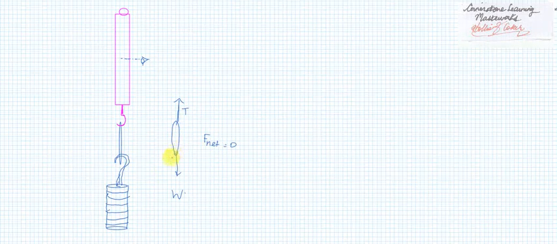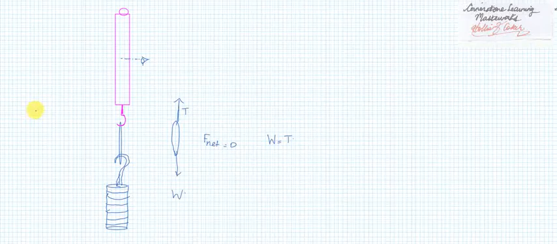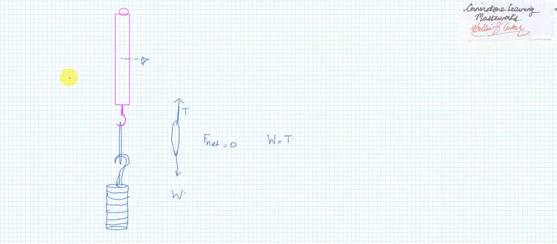So when the load reaches a certain point, it isn't moving at that point, the weight is equal to the tension. And then of course, the tension, as far as the force meter is concerned, is the same tension it measures.